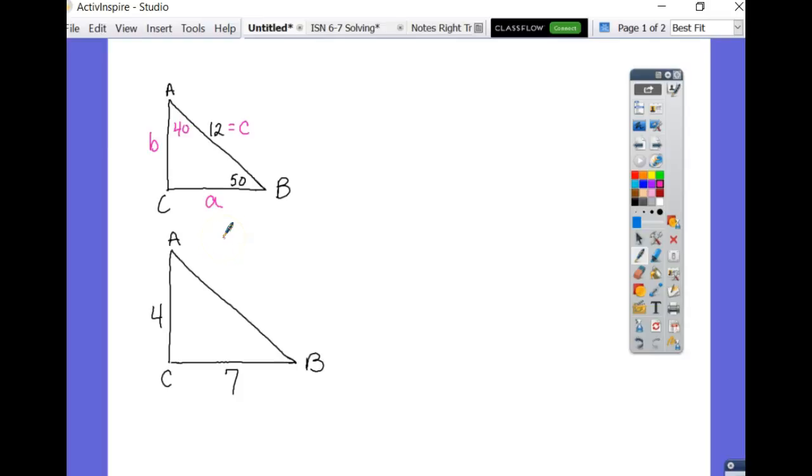It's across, which is the opposite. So I have the opposite and the hypotenuse. Opposite over hypotenuse is sine. When the unknown is on top, you're going to multiply.